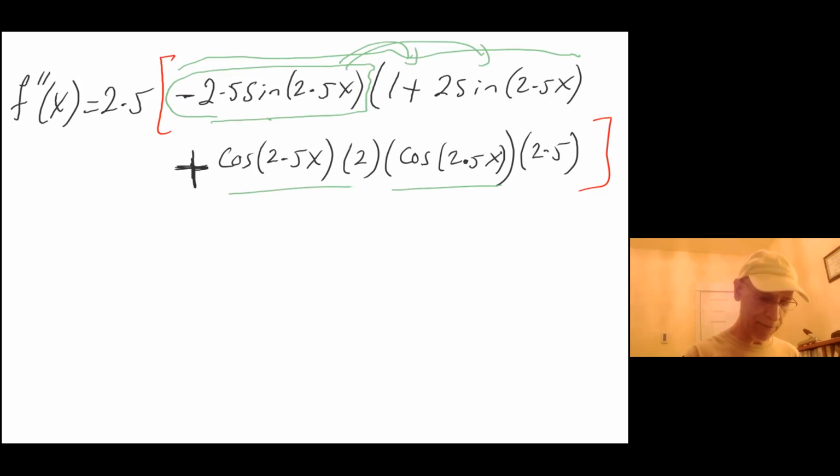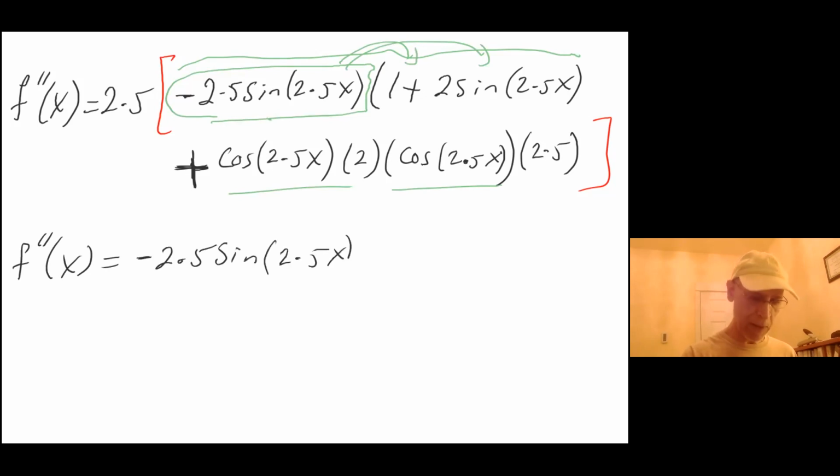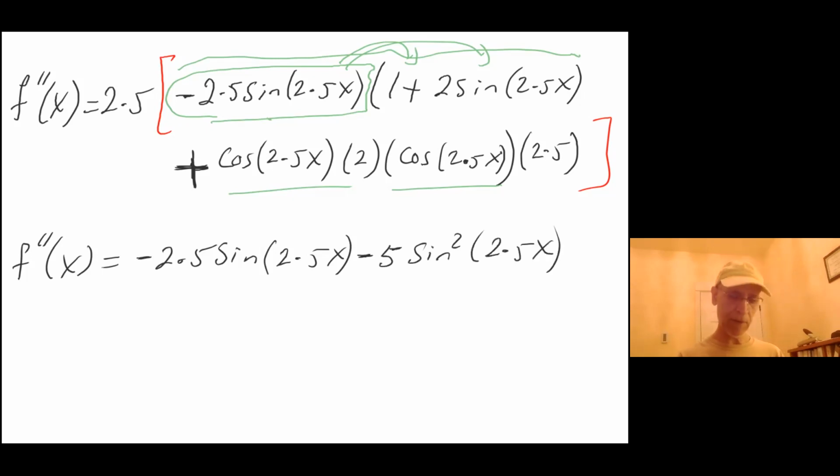So I'm going to have f double prime of x equals negative 2.5 sine of 2.5x plus 2.5 times 2 is 5, and that is actually negative because that's a negative. So minus 5 times sine squared of 2.5x. Okay.